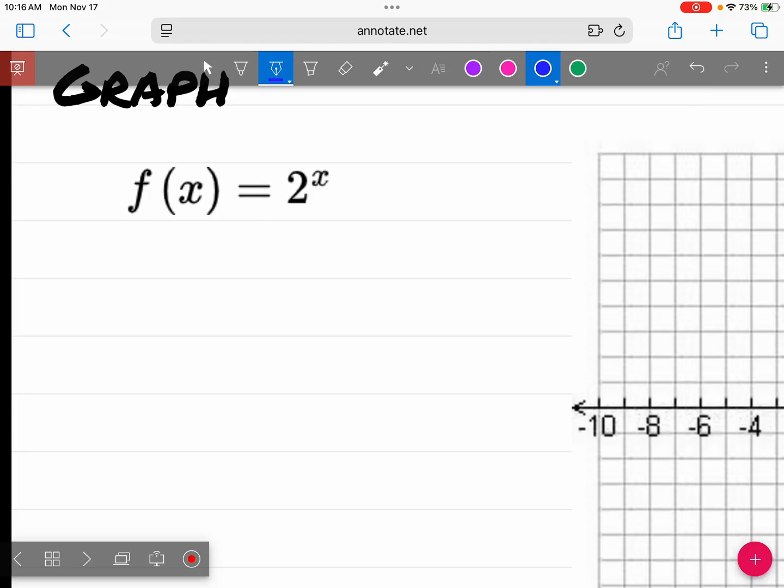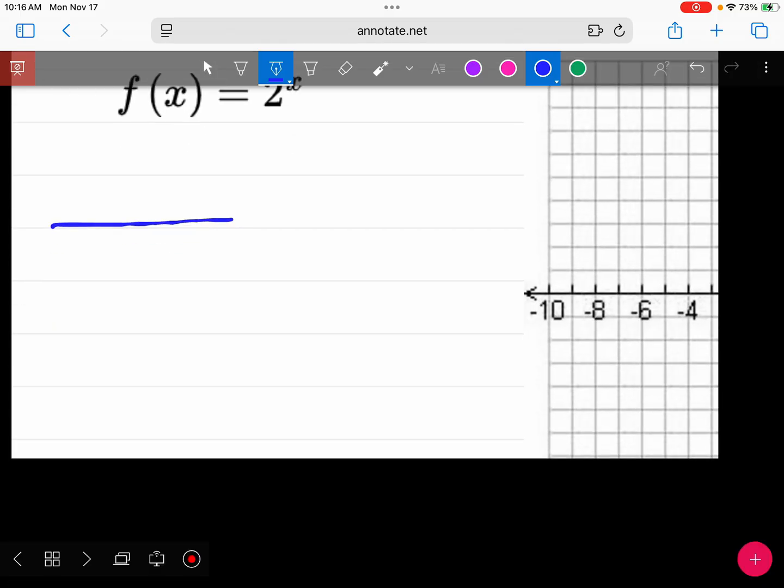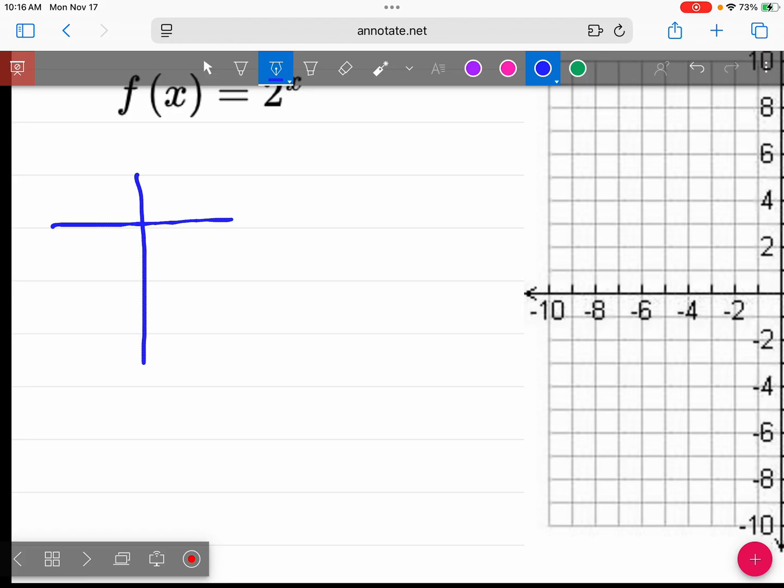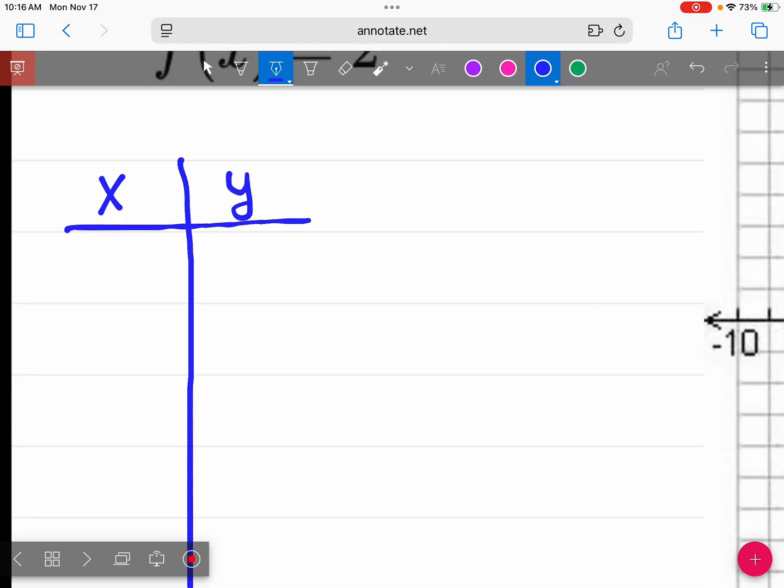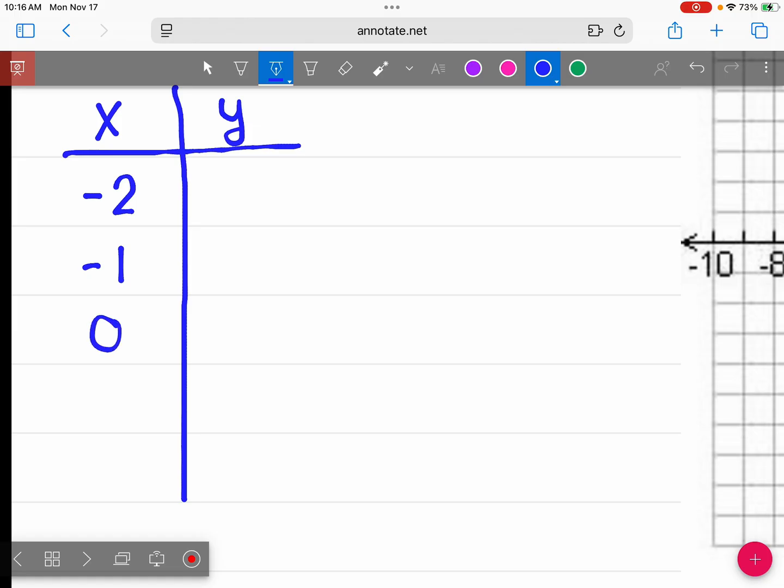So on these ones, more often than not, we're just going to pick our 5 x values, substitute them in, and find our y values. We want a good view of the middle, so we tend to do things like -2, -1, 0, 1, and 2. 100% totally valid approach.